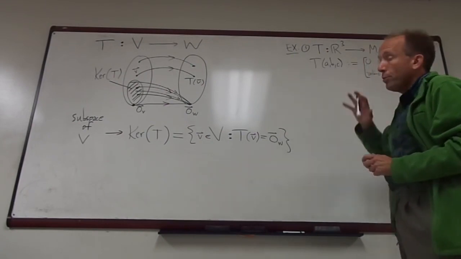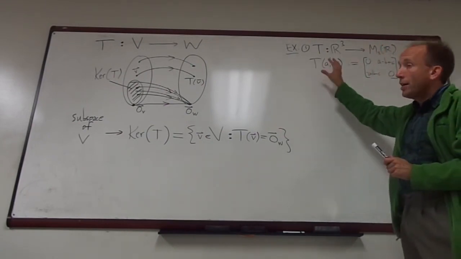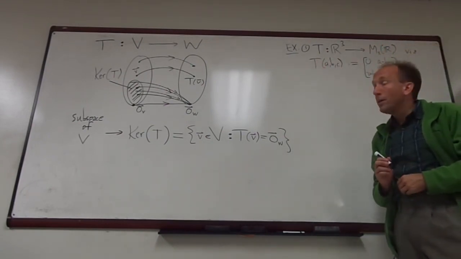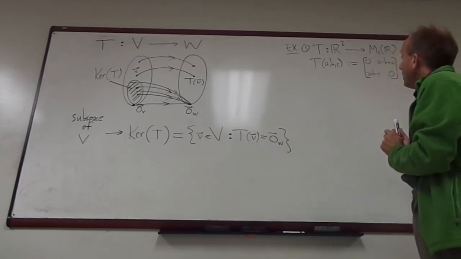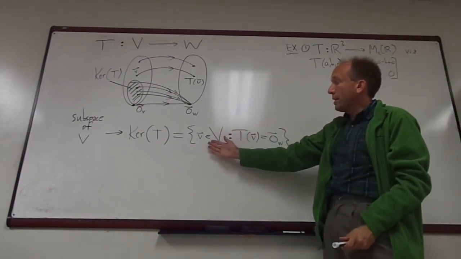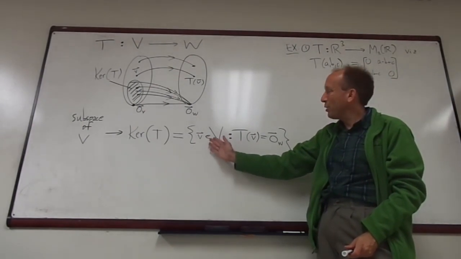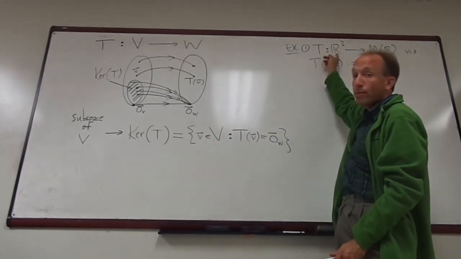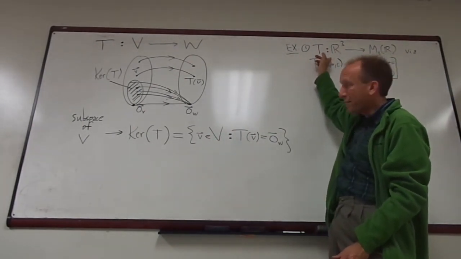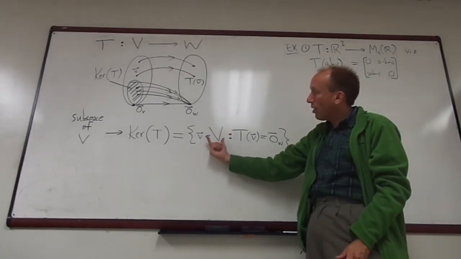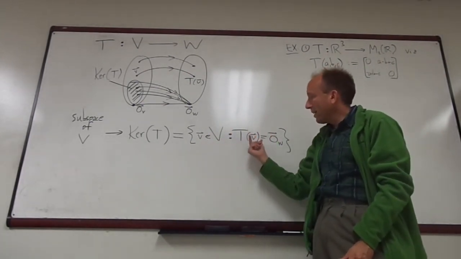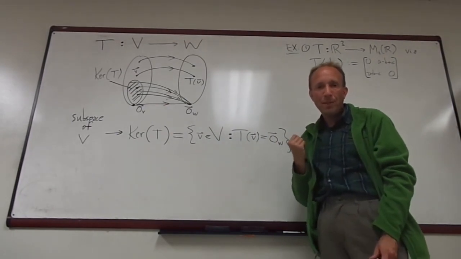What I want to do instead is focus on finding the kernel of this transformation. Let's remember what it is again. It's the inputs from V, so it's a subset of R3 actually. We're focusing on the R3 side. It's the vectors in R3 that get killed by the transformation.